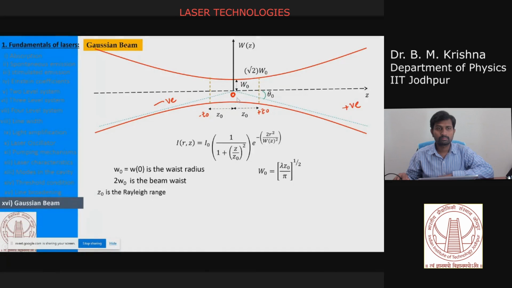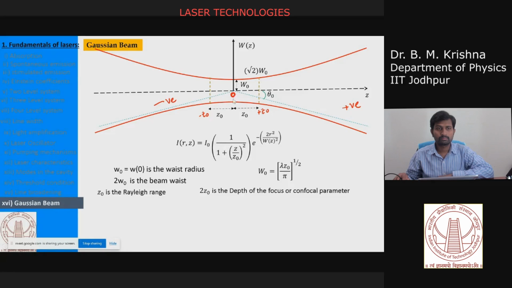So that is called the Rayleigh range, and 2 z naught is called the depth of focus. So now on either side you have a Rayleigh range. From the center in this direction your beam size increased by root 2 times, and in this direction also your beam size increased by root 2 times.